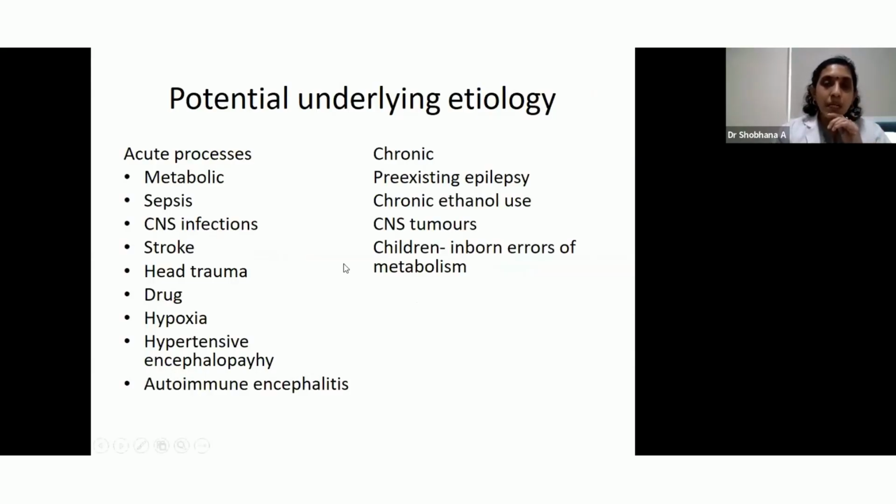Now, acute processes in the intensive care unit, there can be hyponatremia, hyperglycemia, hypoglycemia, metabolic causes, sepsis, CNS infection like meningitis, encephalitis may present with seizures, strokes, often associated with seizures, traumatic brain injury, most often have been seen to be associated with seizures, drug intoxications, drug withdrawal, or sometimes therapeutic drugs can also cause seizures.